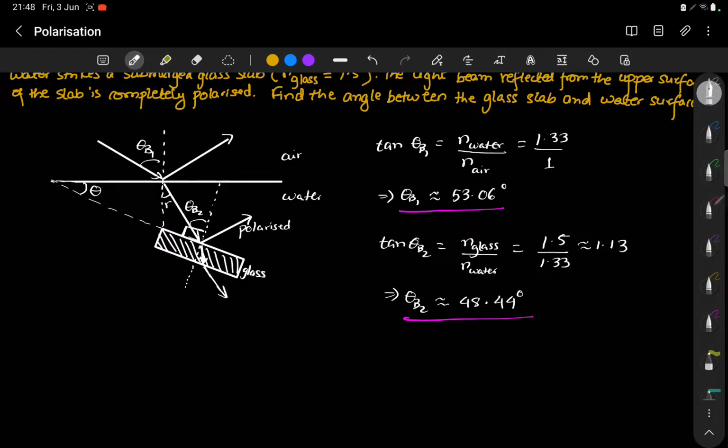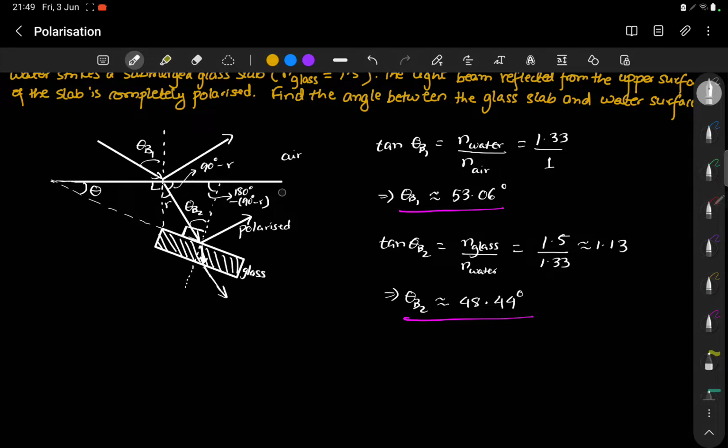Let us call this R. So since this is also a normal, this angle right here is going to be 90 degrees minus R. And since the sum of angles of a triangle is 180 degrees, this angle is going to be 180 degrees minus 90 degrees minus R.